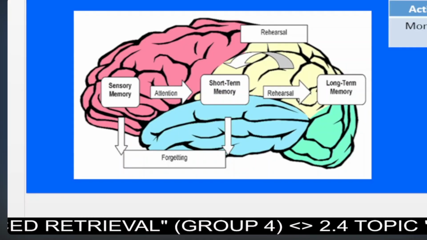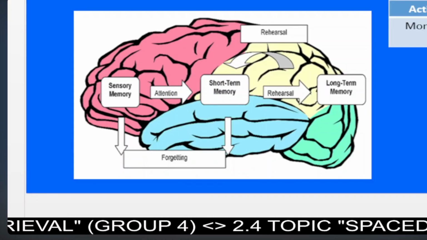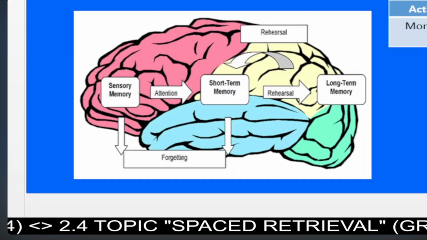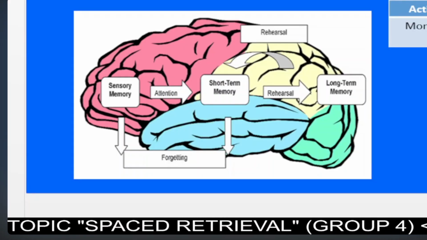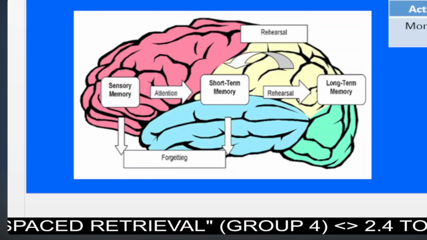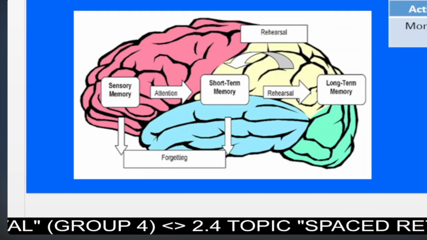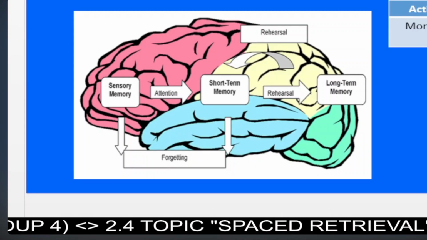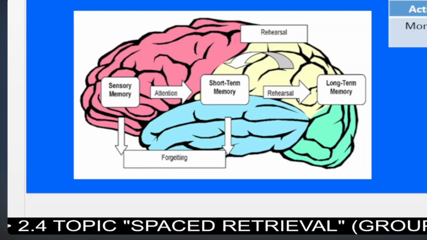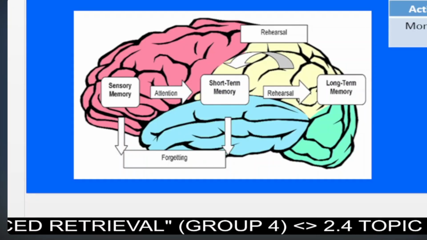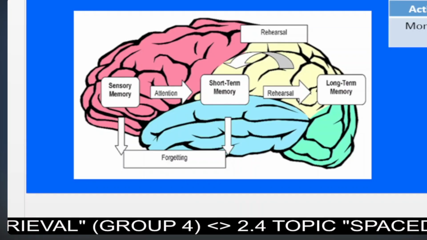Meaning, there is some information in long-term memory that can be forgotten. And the remedy is to rehearse again or remember actively again within your mind. Take note of the word remember.